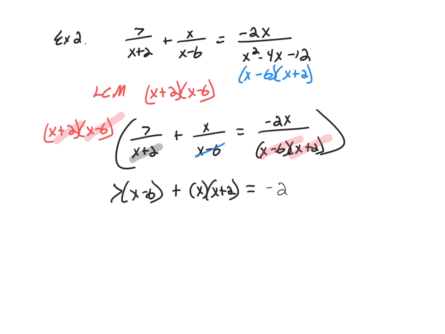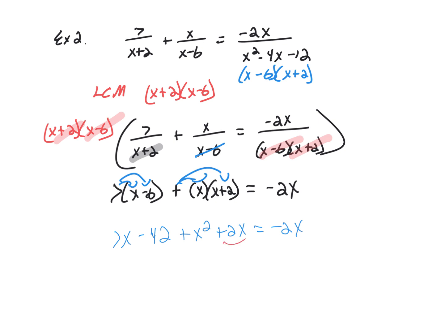So equals negative 2x. Now again, I need to distribute everything. So it's going to be 7x minus 42, and then we have plus x squared and plus 2x equals negative 2x.